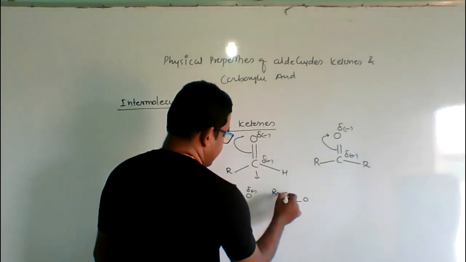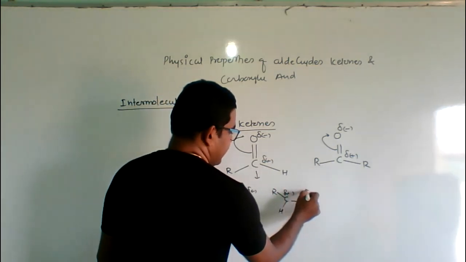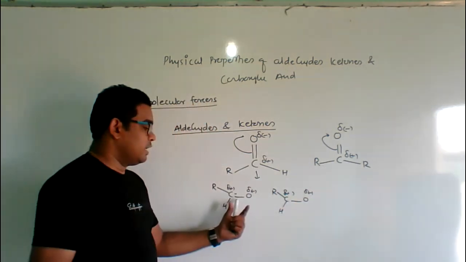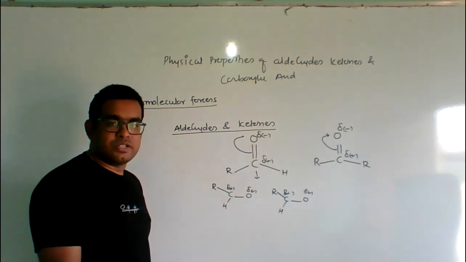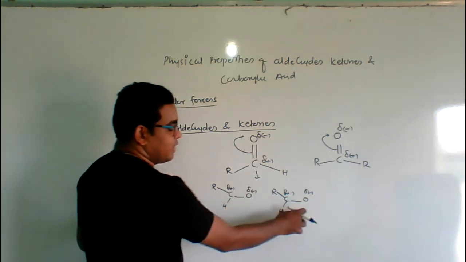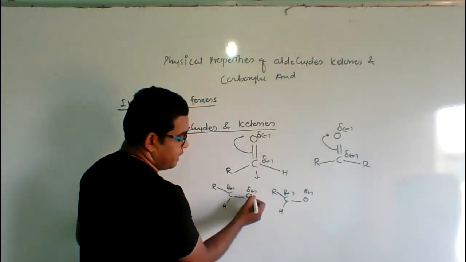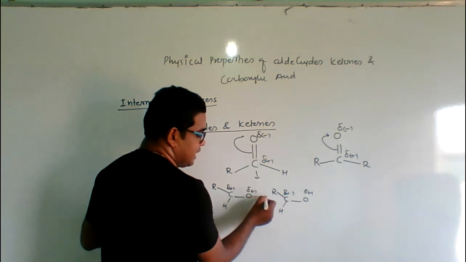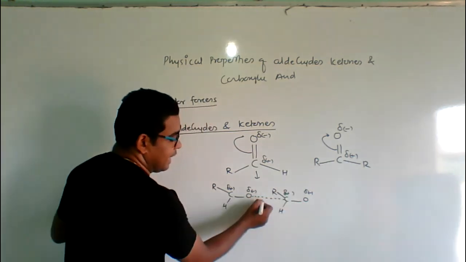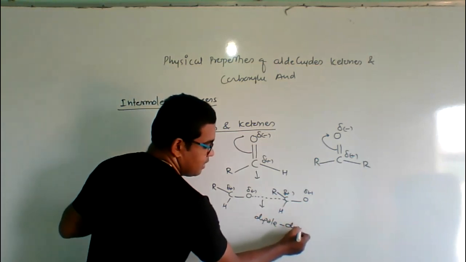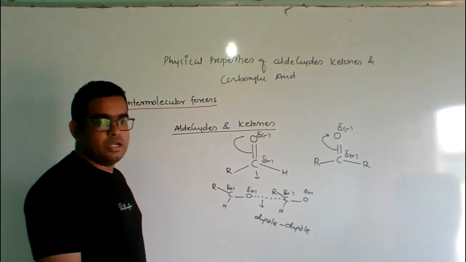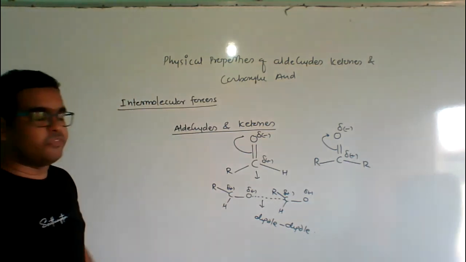In the same way for the other molecule. Means in between the CO bond there is a polarity, a negative pole and a positive pole, which means it consists of a dipole. Now if two aldehyde molecules interact, the negative charge of one molecule attracts the positive charge of the other, and this type of interaction is called dipole interaction. So in aldehyde, which type of interaction is present? Dipole.